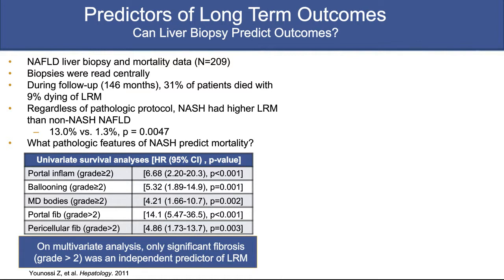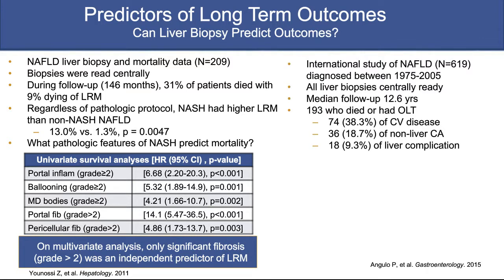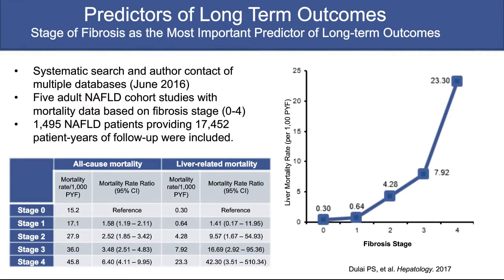This was confirmed by another international study of NAFLD of 619 patients, again showing that stage 2 or higher was associated with increased mortality in multivariate analysis. And finally, in a meta-analysis of multiple different studies of almost 1,500 patients, again, fibrosis stage of 2 or higher was independently associated with mortality.